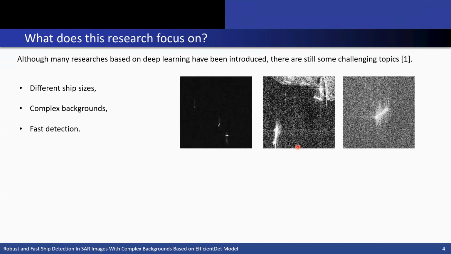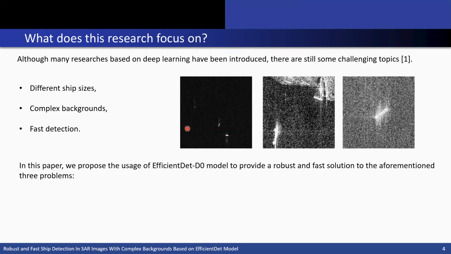It's a problem, and a robust detector should find all these ships accurately. We want to find the ships as quickly as possible, and fast detection is another important topic for us. So in this paper, we proposed the usage of the EfficientDet model to provide a fast and robust solution to the aforementioned three problems.